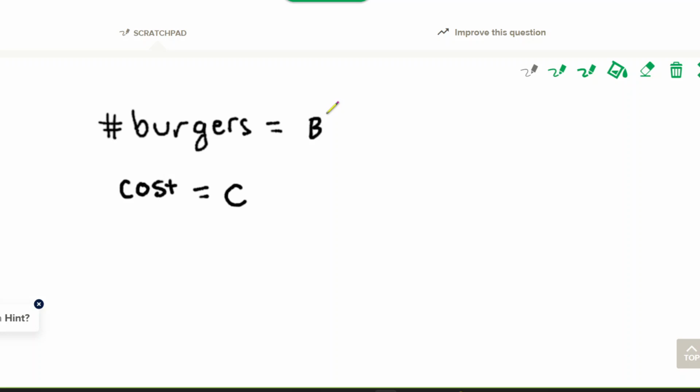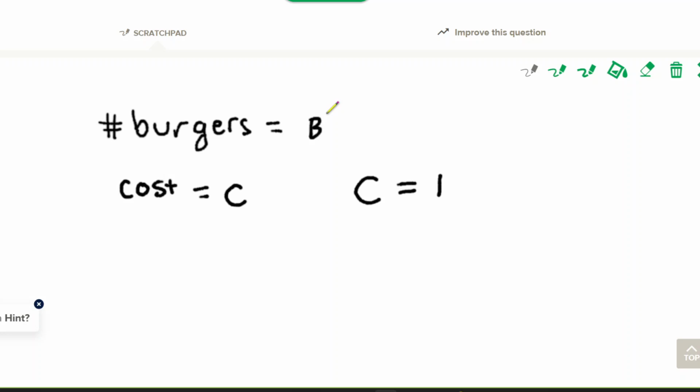And then over here, we'll write an equation, where we have the cost equals, how much does it cost me to eat these B burgers? Well, like I said earlier, it's $10 per burger. So that's a multiplication problem, right? $10 for one, $20 for two, that'd be 2 times 10. $30 for three, that'd be 3 times 10.